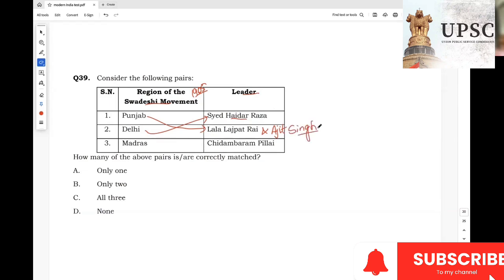So the first two are wrong, they are interchanged. Madras, Chidambaram Pillai, yes, this one is correct. They are asking which of them is correct, so only one of them is correct. That is option A.